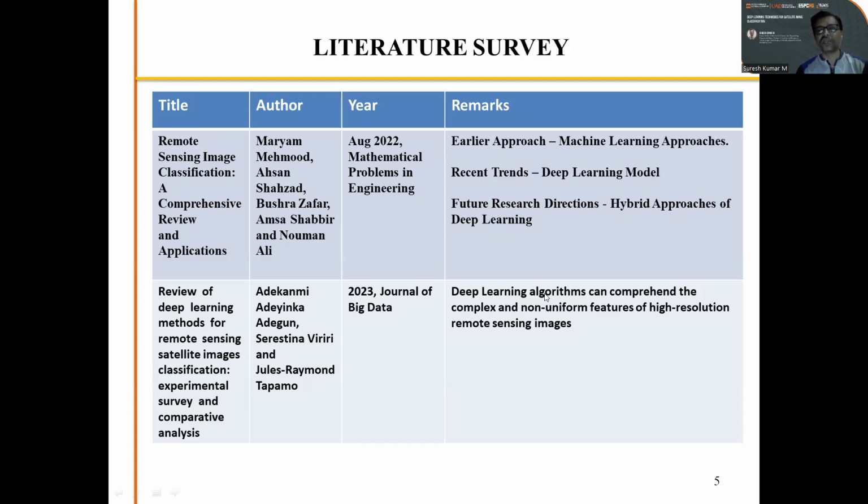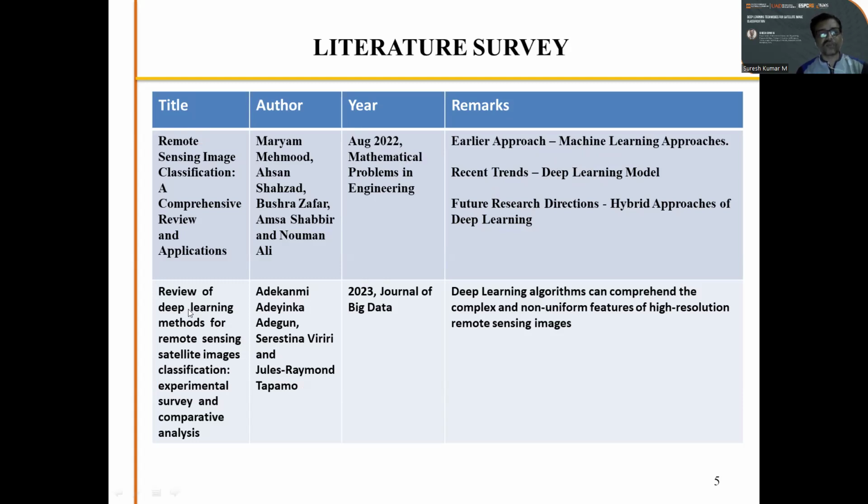Main remarks include that the earlier approach used in remote sensing was machine learning approaches. The recent trend is deep learning models, which is what I am concentrating on in this paper. And for future research directions, there will be hybrid approaches of deep learning.